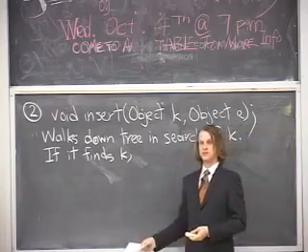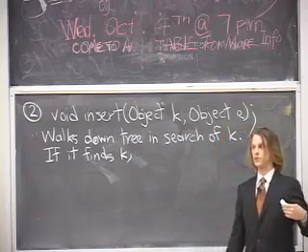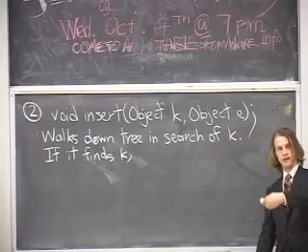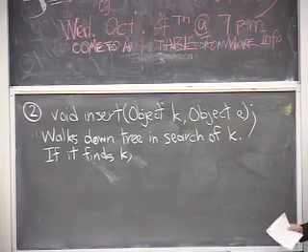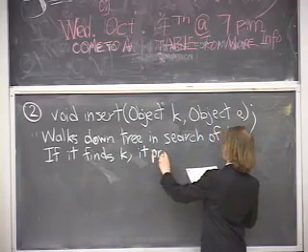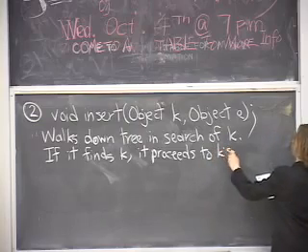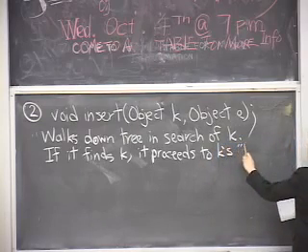So we'll just use the same convention we used with binary search trees, where if you insert a duplicate, you put the new k in the left subtree of the old k. And so there it goes. We proceed to k's, I'm going to call it k's left child.